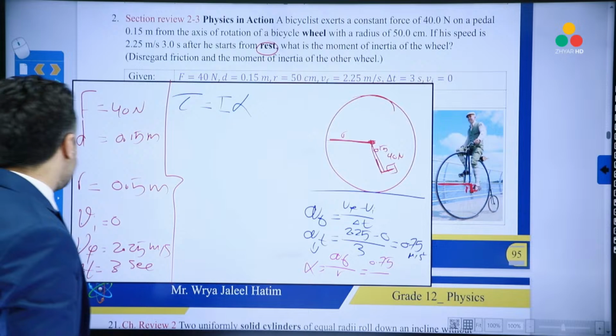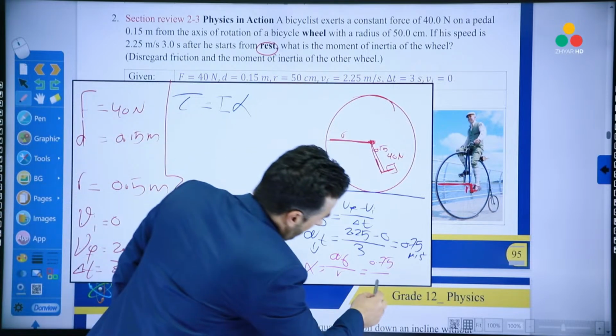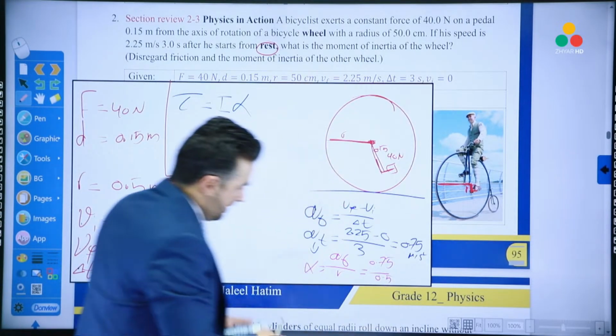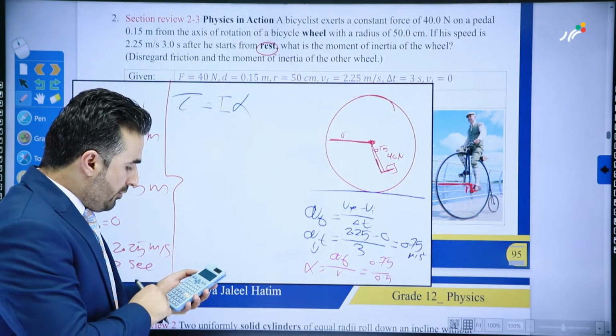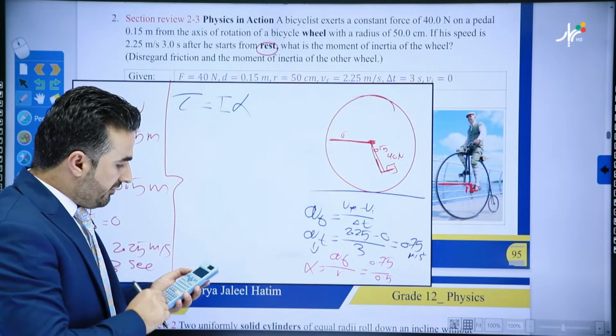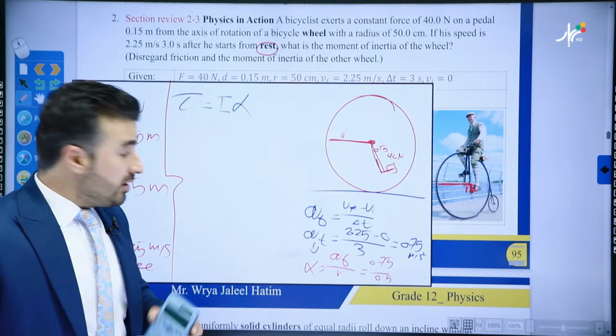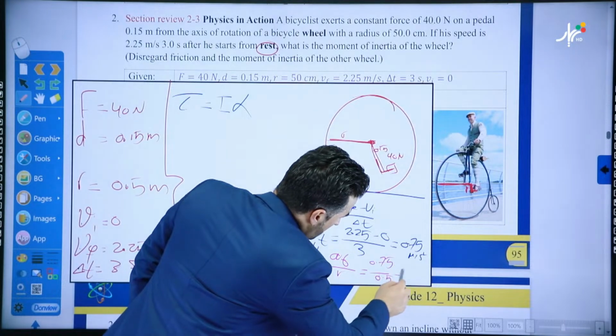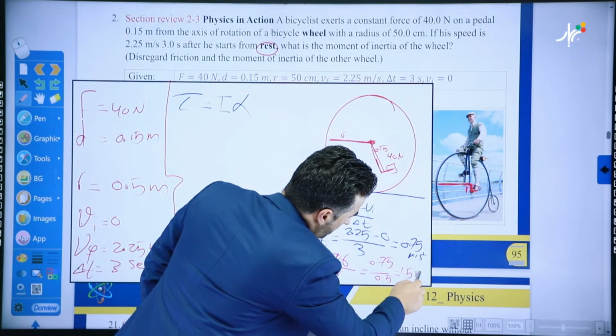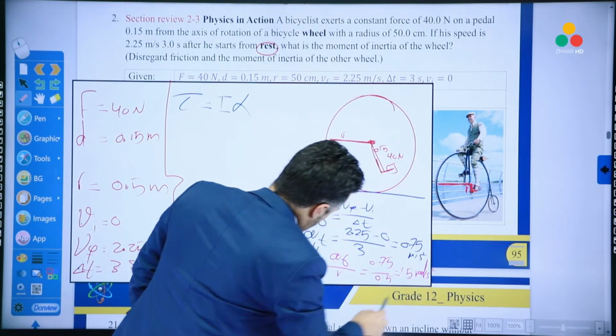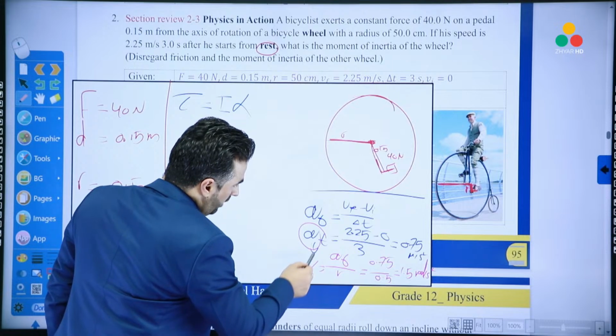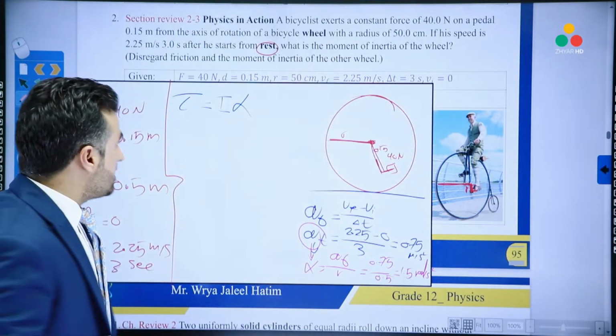The radius is 0.5 meter, yeah? So 0.75 divided by 0.5, the answer will be 1.5 radian per second squared. So we've converted tangential into angular acceleration.